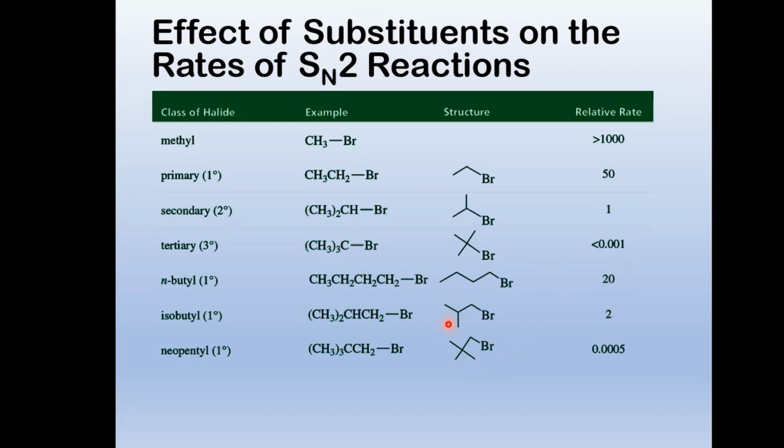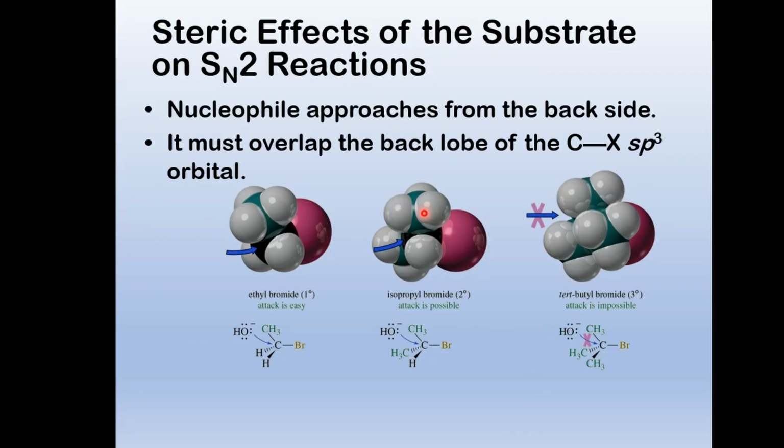Got this mess on just 2 carbons away, impeding the nucleophile from finding that carbon atom. Here it can find it. Here, it's a little more sterically stopped. So here with this space-filling model, 3 methyl groups, here comes hydroxide. It can't see its way in there very well.